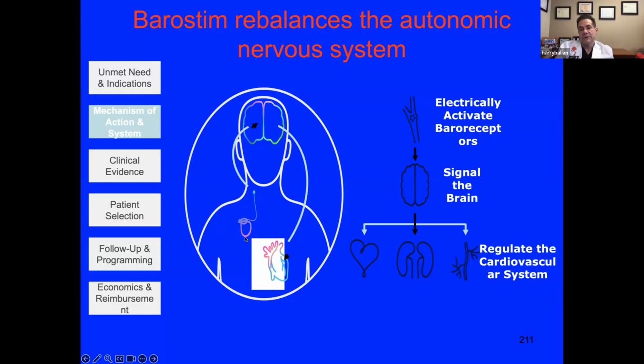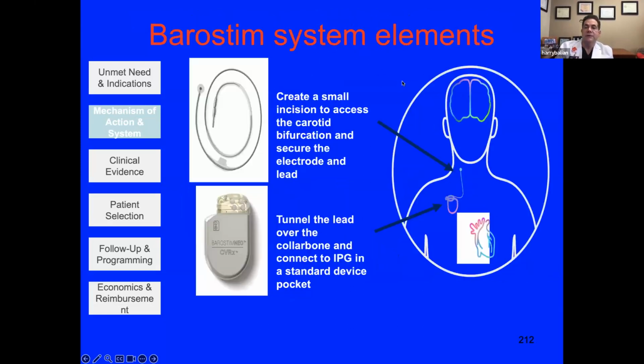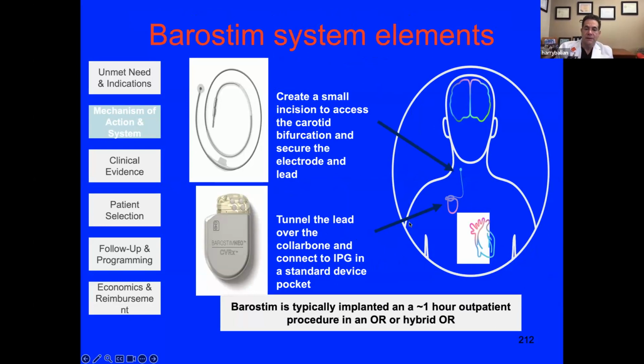There's a little generator that sends electrical signals to the carotid bulb, which counteracts and rebalances the autonomic nervous system. It helps with the overall heart failure symptoms and heart failure treatment. So this is the electrode tunneled in, and this is the device that sends electrical signals.